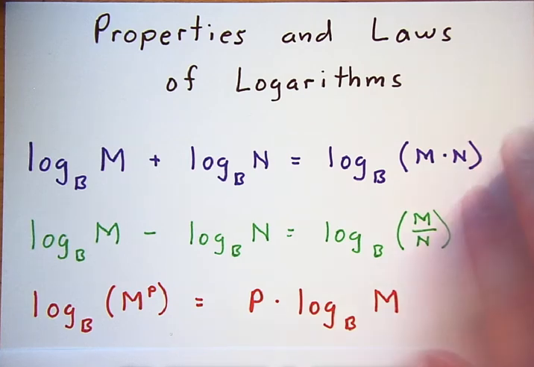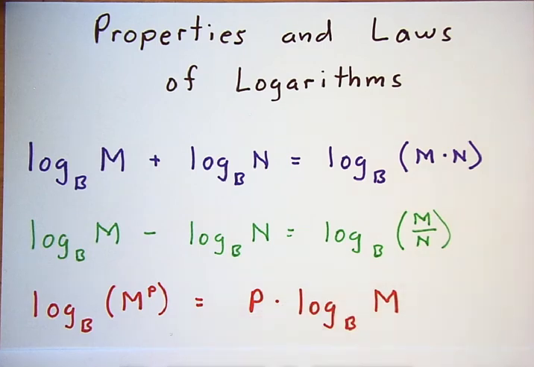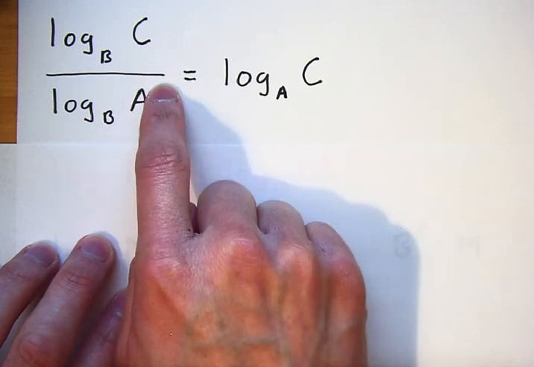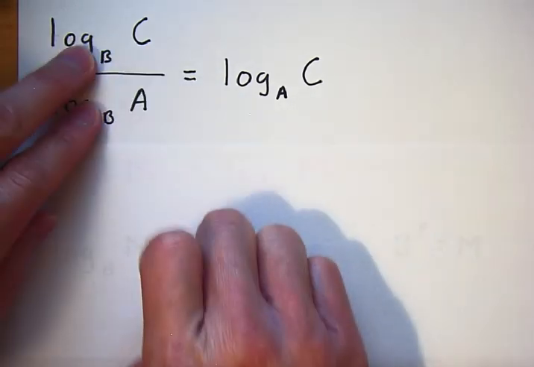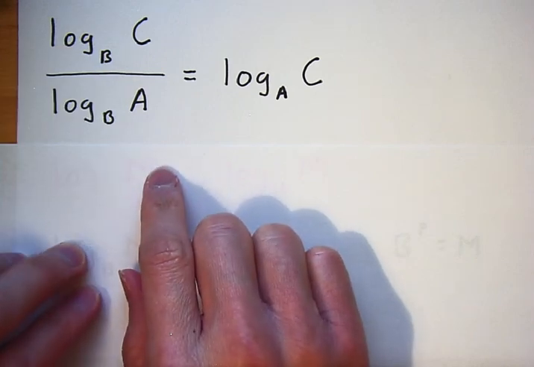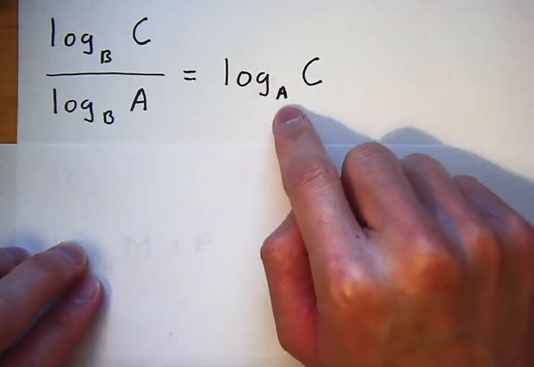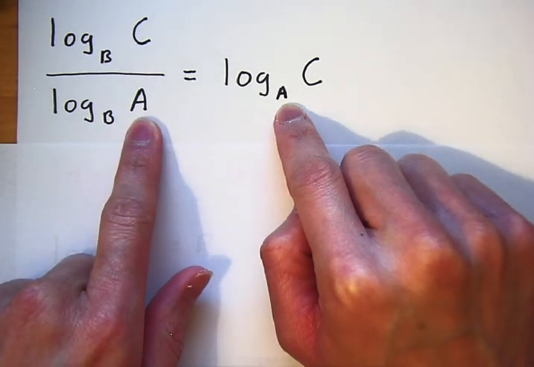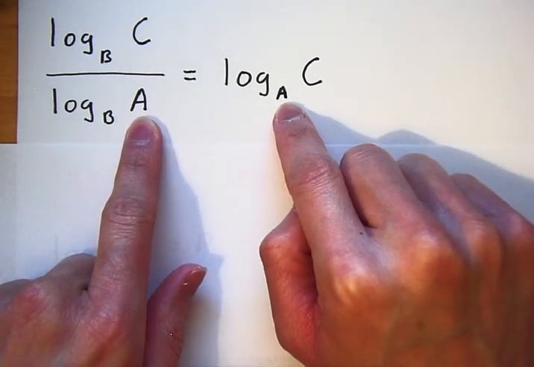A couple of other important properties are logs of logs. If you are dividing two logs of the same base, then you can change that into one log, and what ends up happening is that the base changes to whatever number is on the bottom.